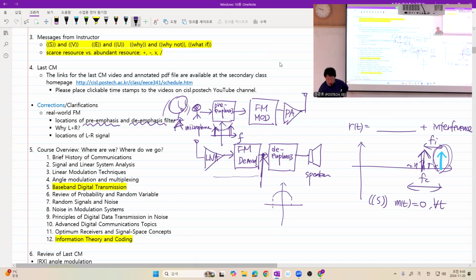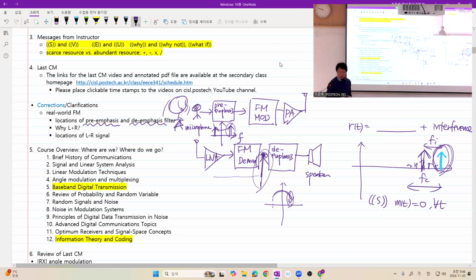And here we de-emphasize, which means that we attenuate this part so that this amplified one goes back to the normal strength, but this interference appearing here can be just reduced because the interference signal is not pre-emphasized. That's the idea.